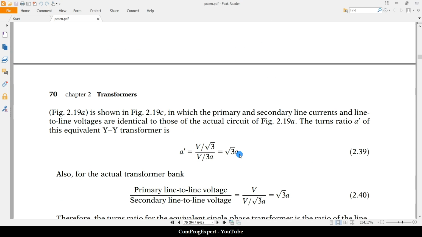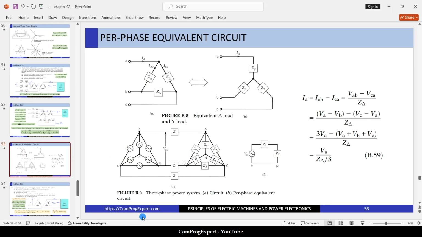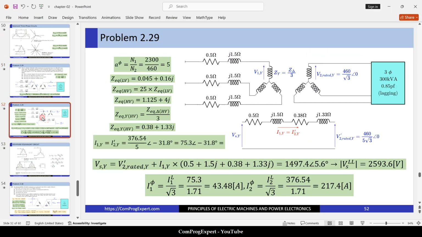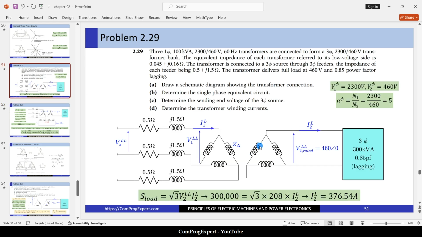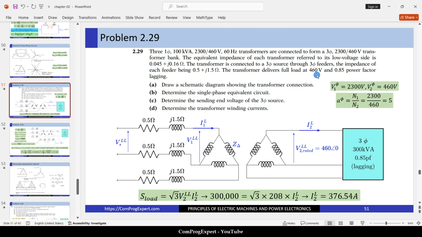So how can we calculate the quantities and generate the per-phase model in this case? The value of the impedance for the secondary coil is equal to this one.